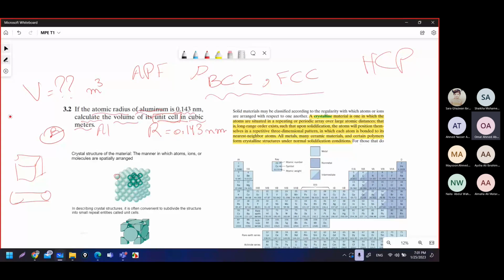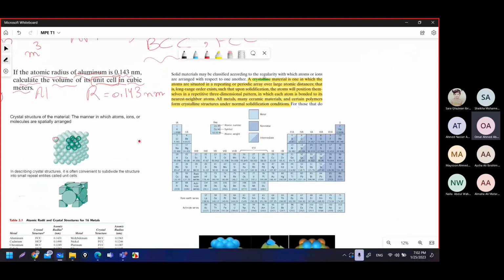Aluminum, if you see the periodic table, has this color, which is metal. All metals have a crystalline structure or crystal structure. We call it a crystalline material, in which the atoms are situated in a repeating or periodic array like this.